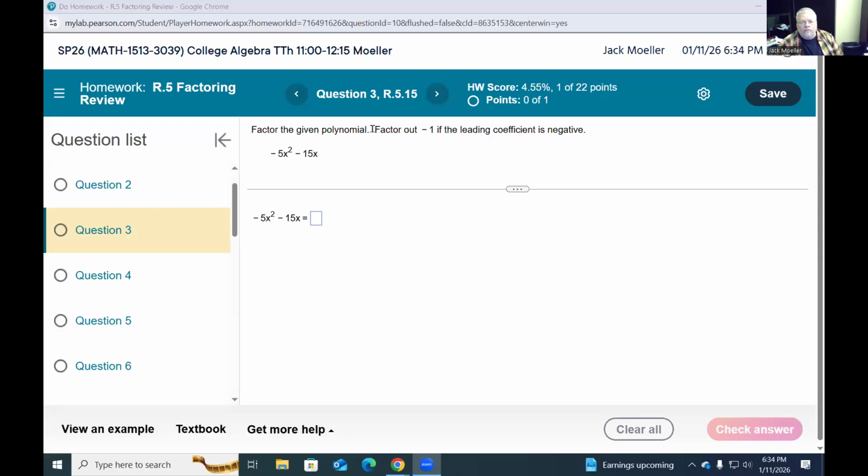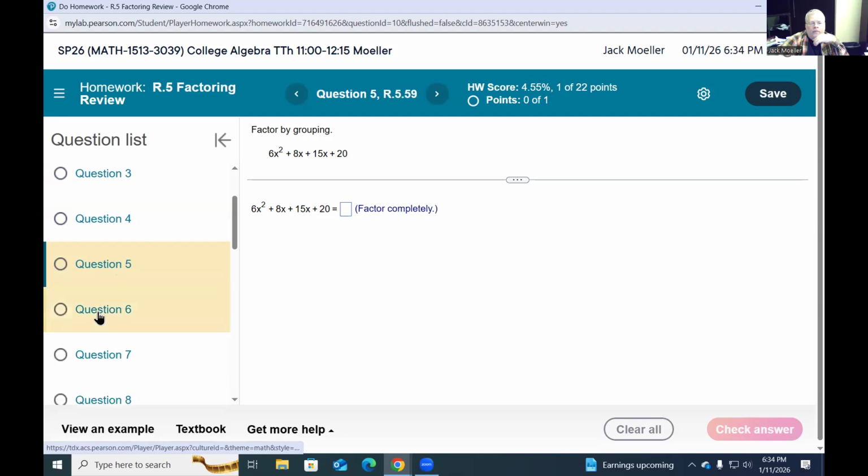Very often MyMathLab will give you some hints on some of these problems. So it didn't just say factor, it said factor out a -1 if the leading coefficient is negative. So that means when you do your GCF, there should be a negative there. Other than that, this is just a GCF problem. But just watch out for that leading coefficient being negative.